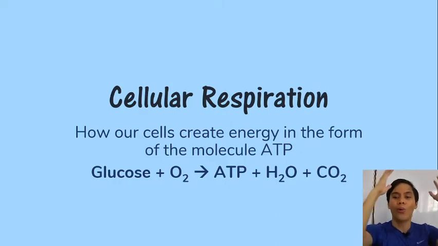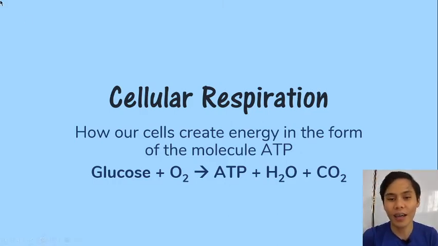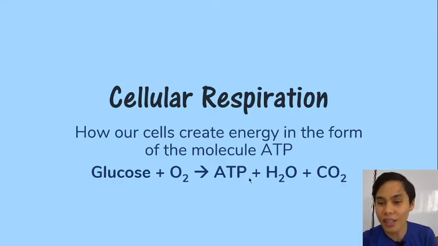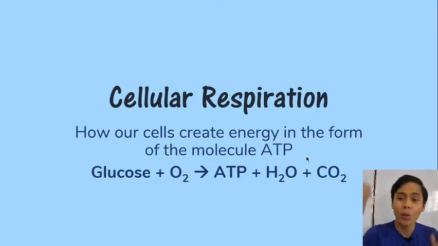Again, what's on the left in this chemical formula are the reactants, the ingredients, and the products are on the right side. ATP is what our cells want, the energy, and water and carbon dioxide are just the byproducts, or the waste products. So we need to remove the CO2.